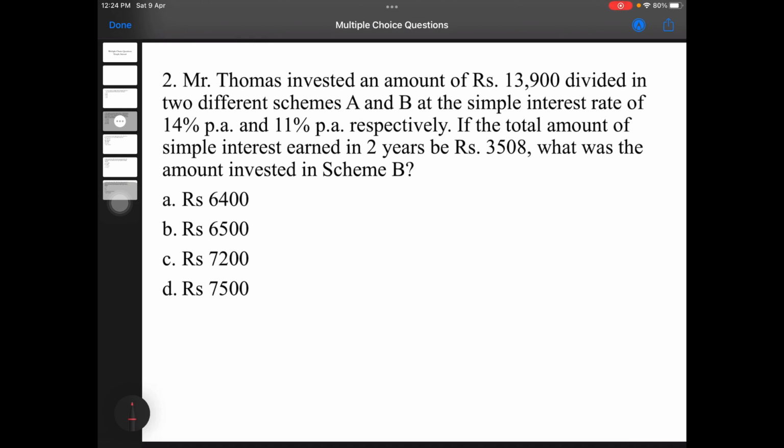Question number 2. Mr. Thomas invested an amount of 13,900 divided in two different schemes, Scheme A and Scheme B, at the simple interest rate of 14% per annum and 11% per annum respectively.